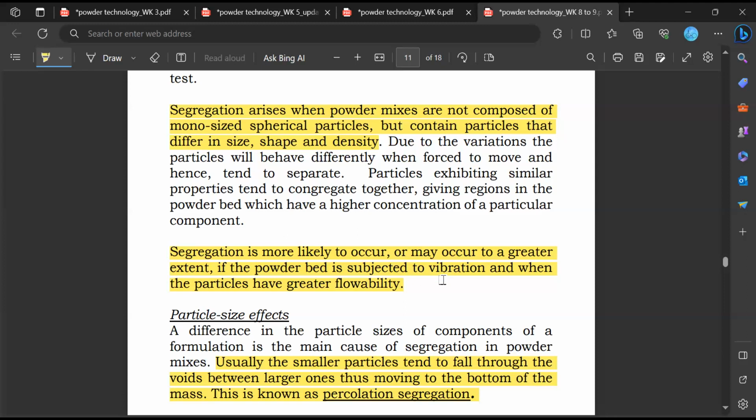One way where segregation is likely to occur is when the powder bed is subjected to vibration, and it increases the flowability of those particles. So that is segregation of the powder.